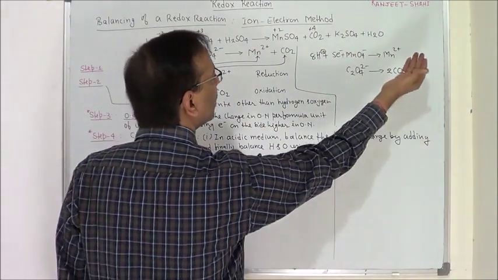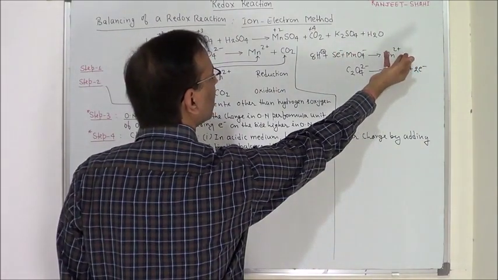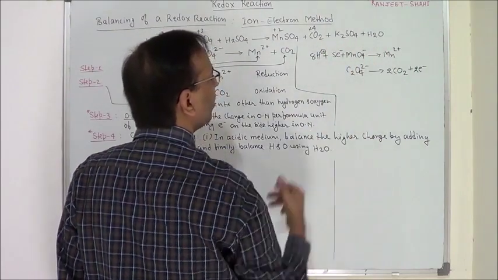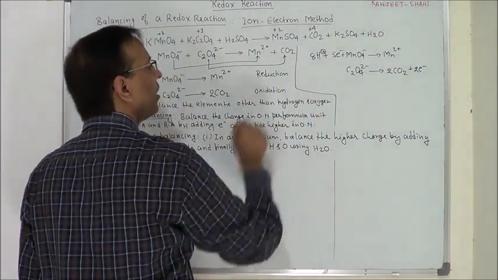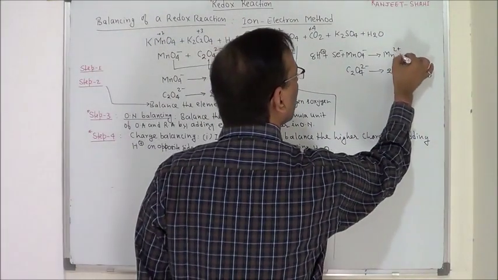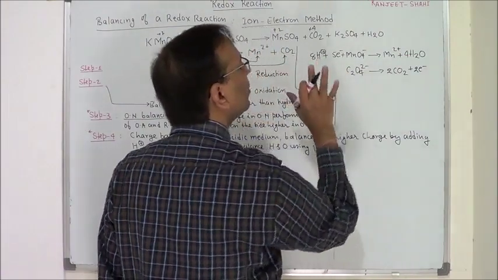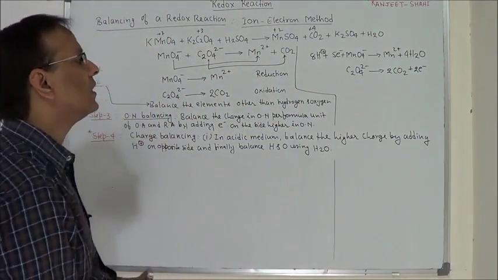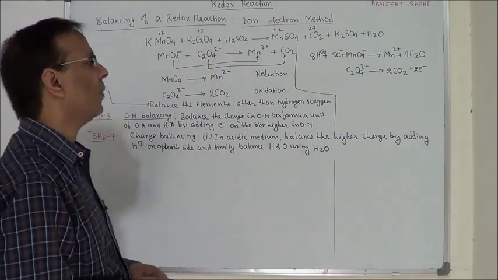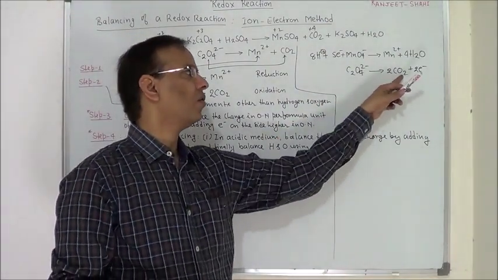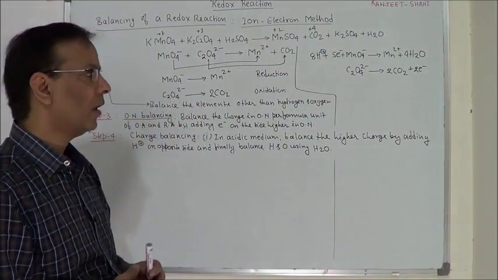The side deficient in hydrogen, balance the hydrogen by using water. So 8 hydrogen, 4 water. Now oxygen will automatically be balanced. In the second reaction, hydrogen and oxygen are already balanced. There is no hydrogen, 4 oxygen, 2 into 2, 4 oxygen, already balanced.